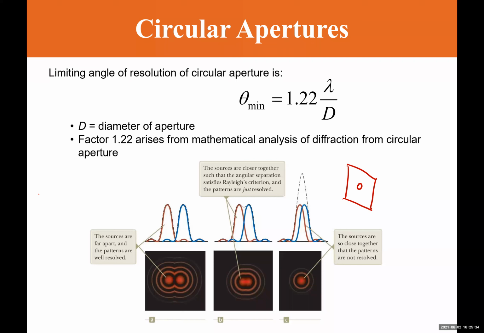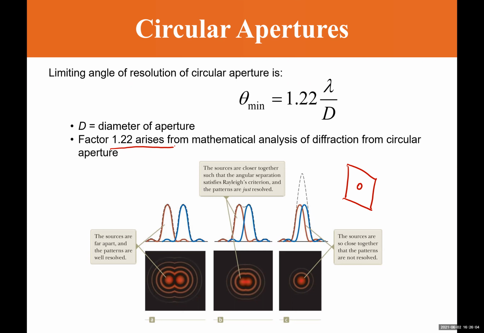In that case, theta minimum is equal to 1.22 times lambda over d, where d here is the diameter of the aperture rather than a, which is the width of the slit. And 1.22 is information that comes from the mathematical analysis, so it's beyond the scope of this class. Just think of it as always part of the equation if you're dealing with circular apertures.